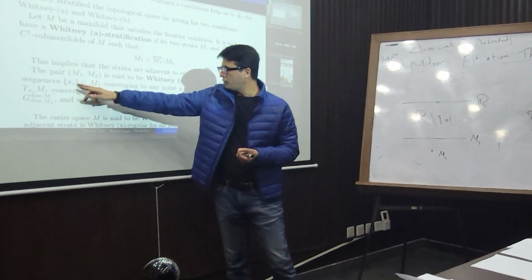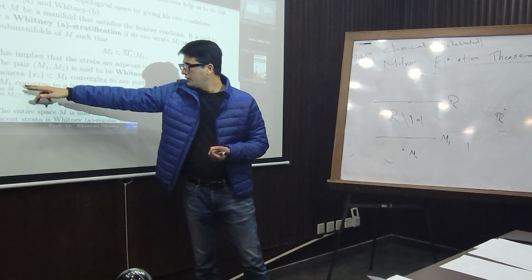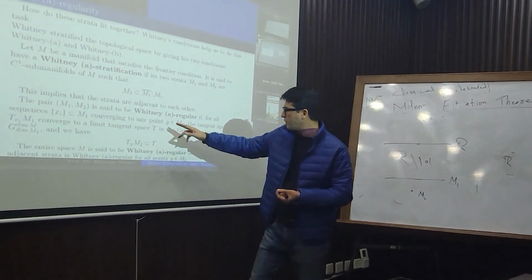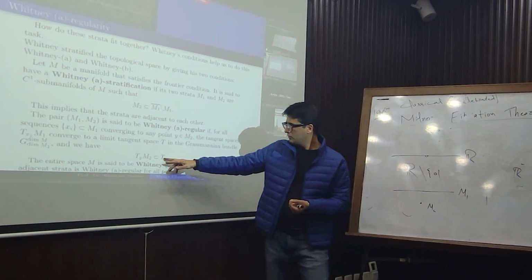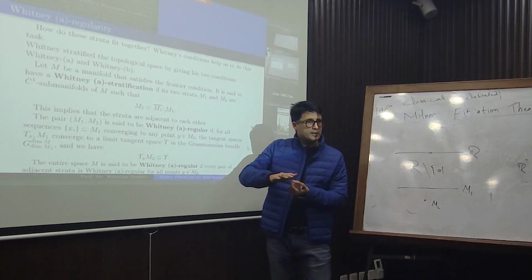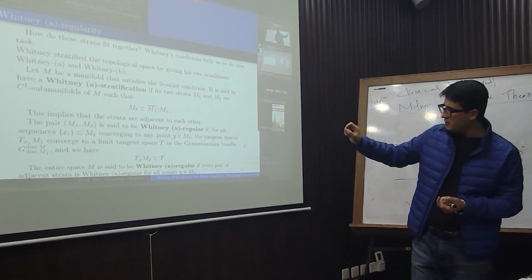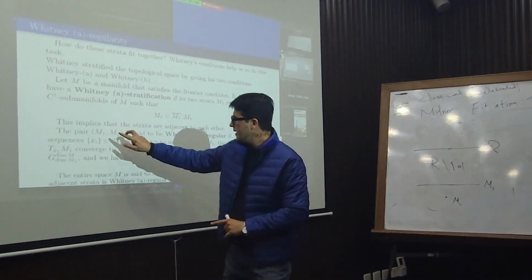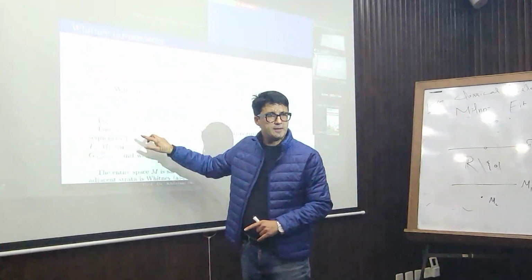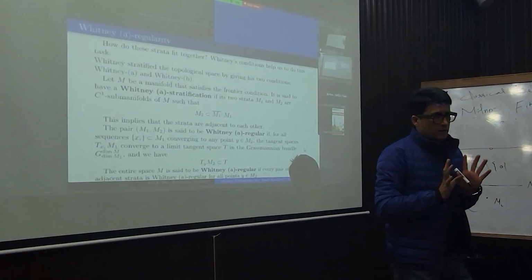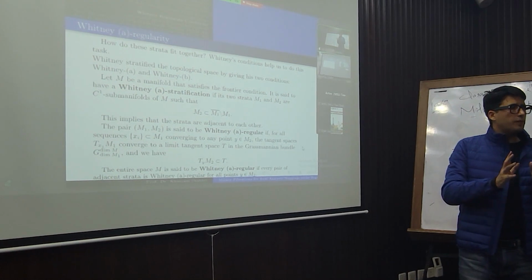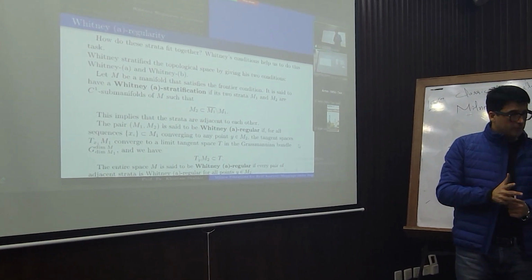If the sequence of those tangent spaces converges to that tangent bundle, and if this is true for any pair of strata, that means this stratification satisfies the regularity conditions, right?